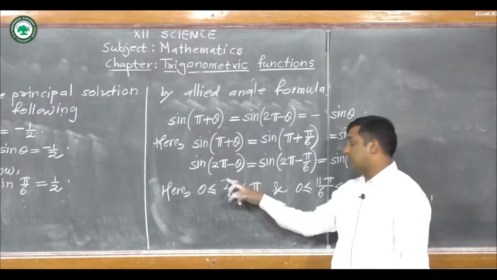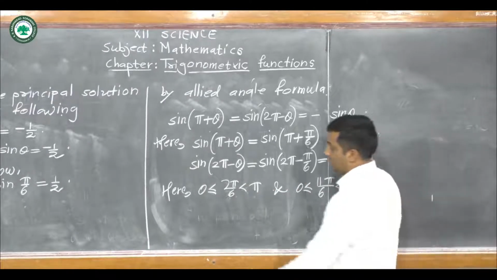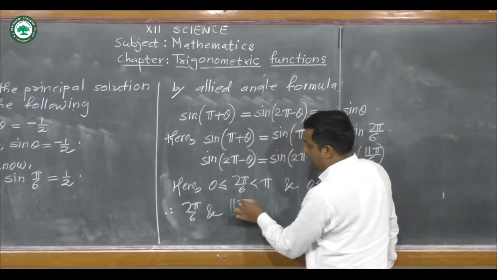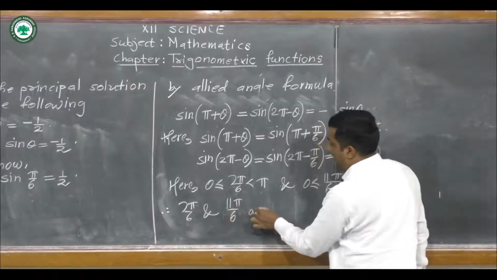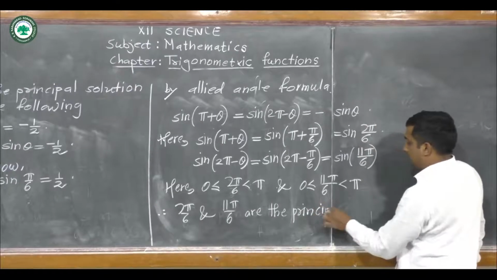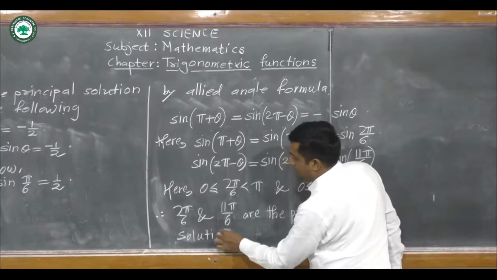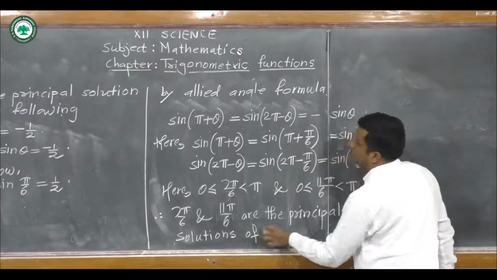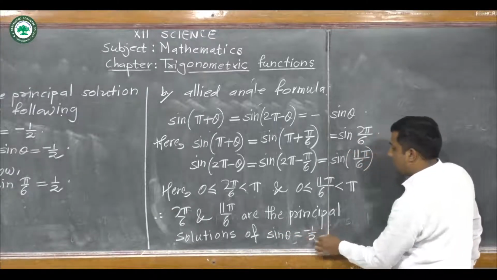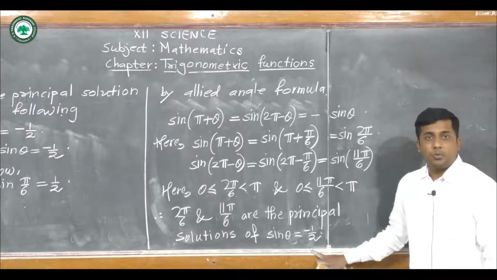So these two, that is 7 pi by 6 and 11 pi by 6, are the principal solutions of sine theta is equal to minus 1 upon 2.